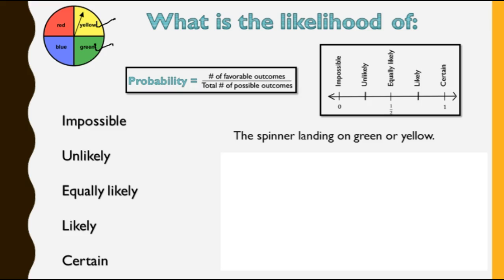There's 2 favorable outcomes, and there's 4 total possible outcomes because it could be either red, blue, yellow, or green. So the probability is 2 out of 4. If you simplify that, that's 1/2. Then look here. It's equally likely. The probability that I would land on a green or yellow is going to be equally likely.